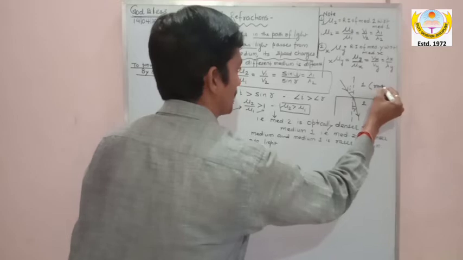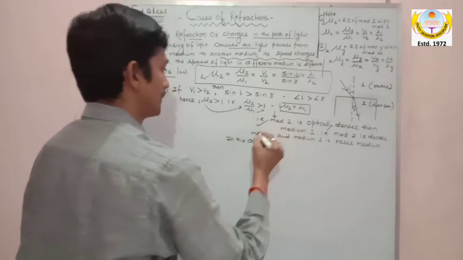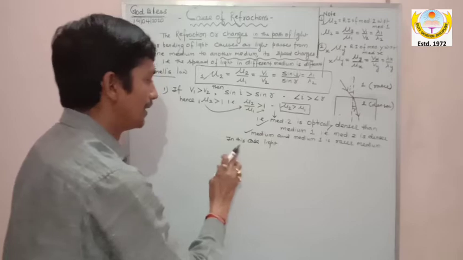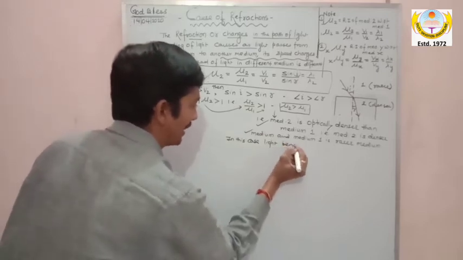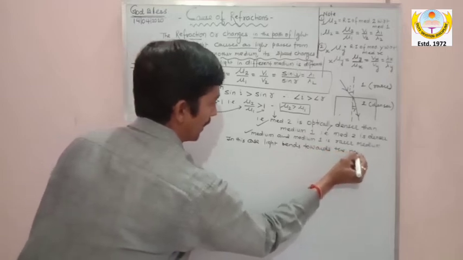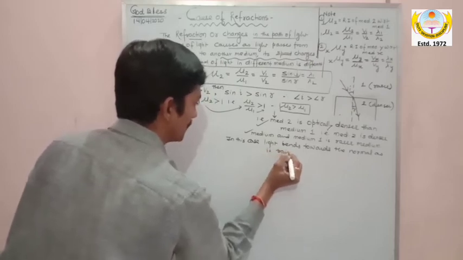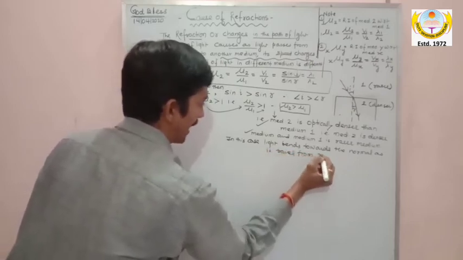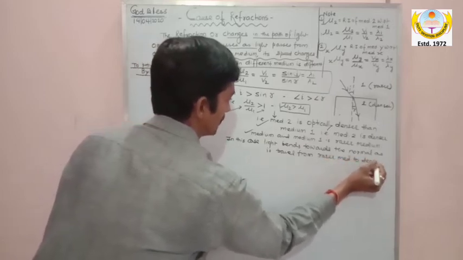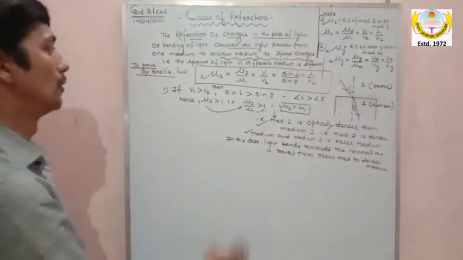Now medium 1 becomes rarer and medium 2 becomes denser. I proved it. So it will bend towards the normal. In this case, light bends towards the normal as it travels from rarer medium to denser medium. I hope it is clear.